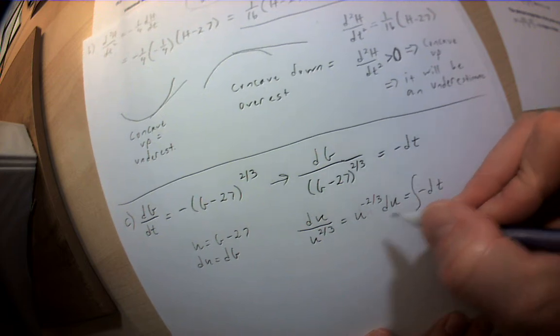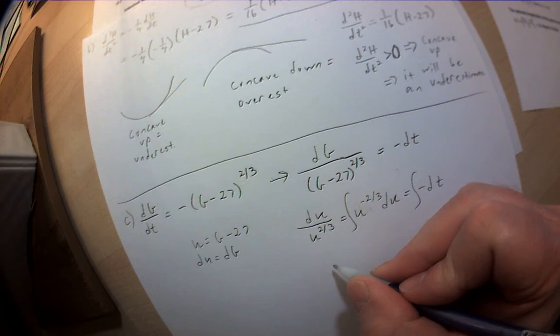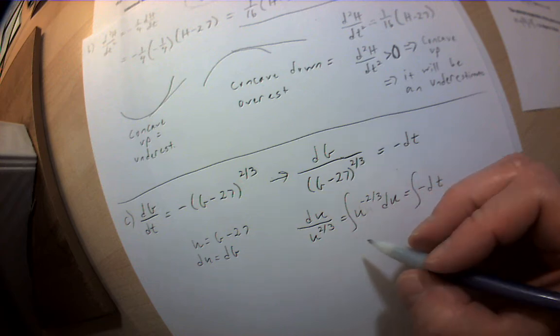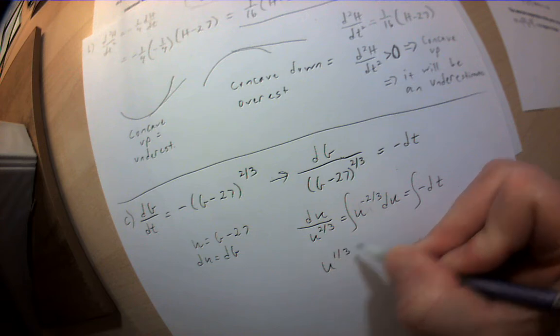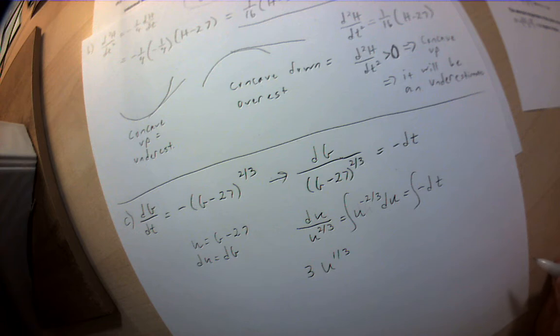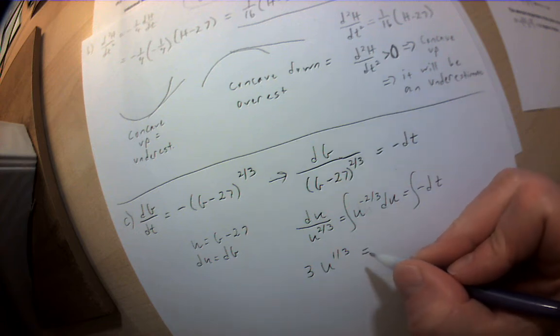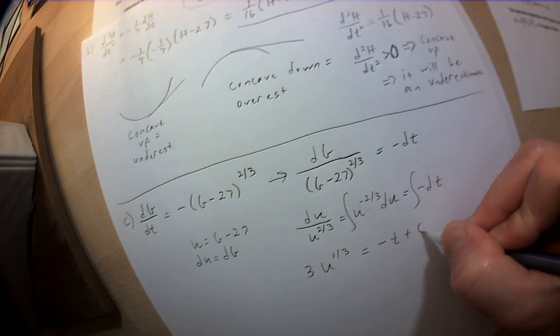Okay, now I can integrate. If I integrate, I get u to the 1/3, add 1, divide by the new power, divide by a third, that's equal to multiplying by 3, equals negative t plus c.